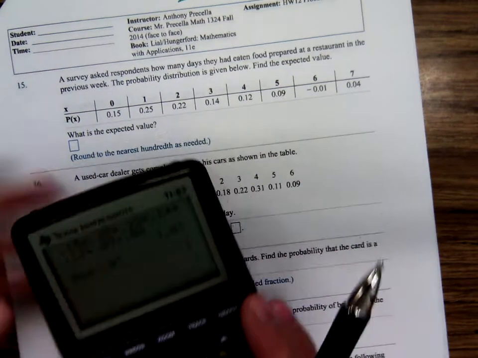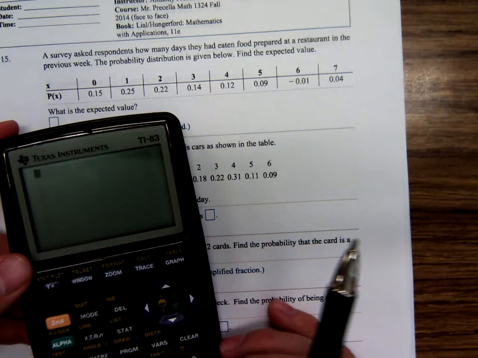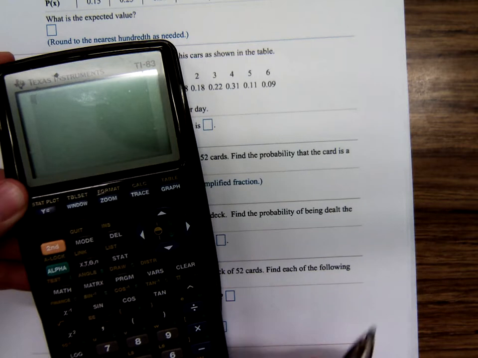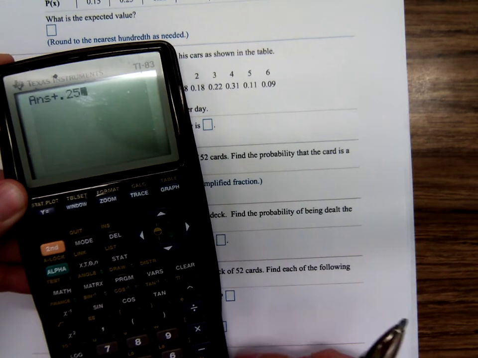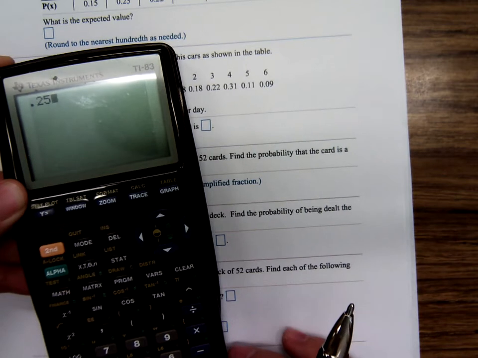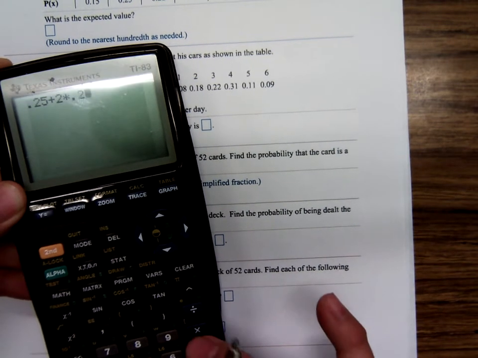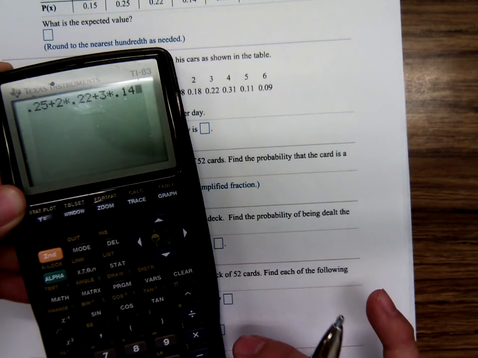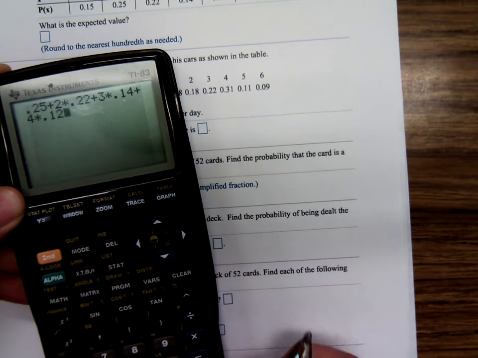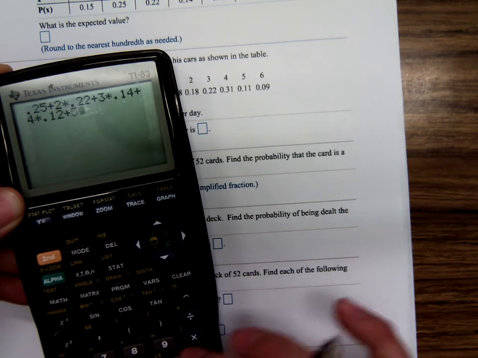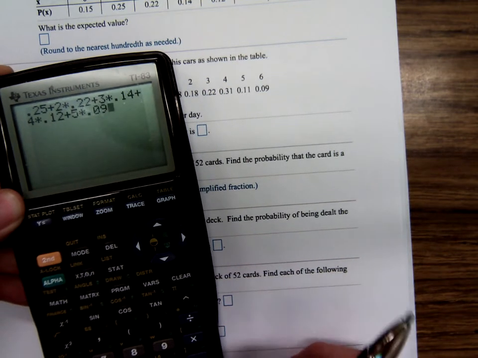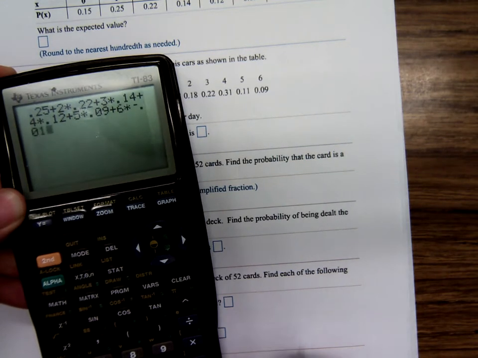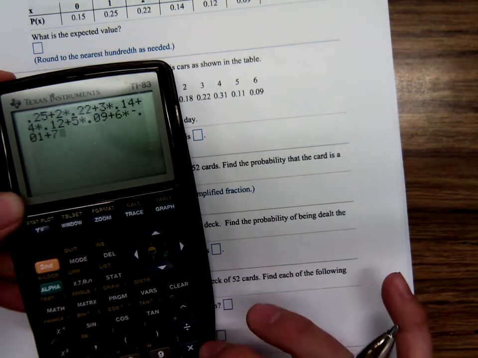Okay, 0 times 0.15 is just 0, plus 1 times 0.25 is just 0.25, plus 2 times 0.22, plus 3 times 0.14, plus 4 times 0.12, plus 5 times 0.09. Here's the crazy thing, plus 6 times a negative 0.01, plus 7 times 0.04.